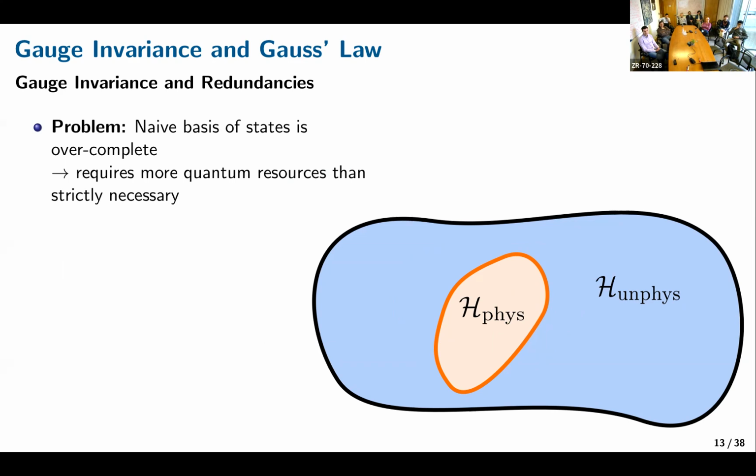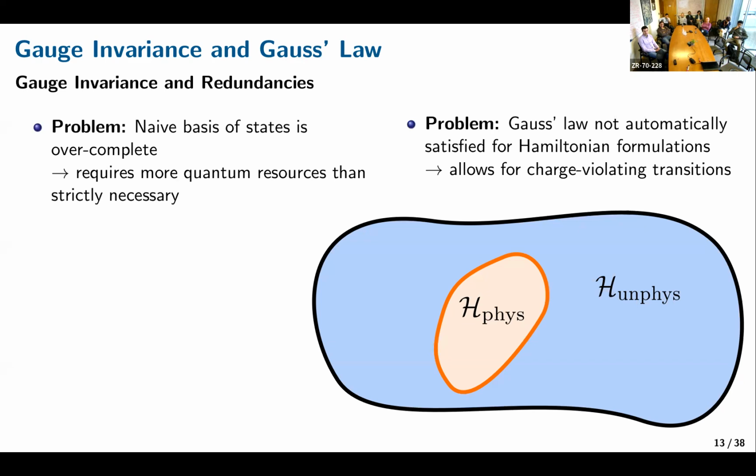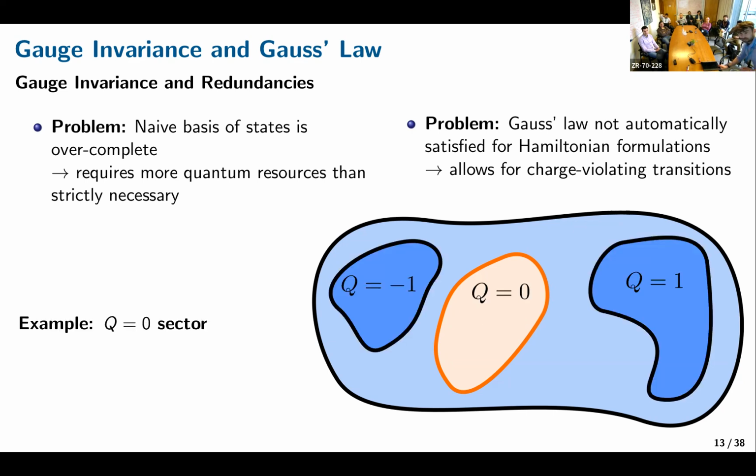Another issue that's important for noisy quantum computations is that because your Hilbert space contains these sectors, you can actually get charge violating transitions in your quantum calculation. To see a simple example of how this might happen, think about the Q equals 0 sector. Total charge 0 is the sector that we're interested in, the physical space, so our physical states live in this orange blob. But the Hilbert space also contains sectors with net charge -1 and net charge +1 and all other net charges.